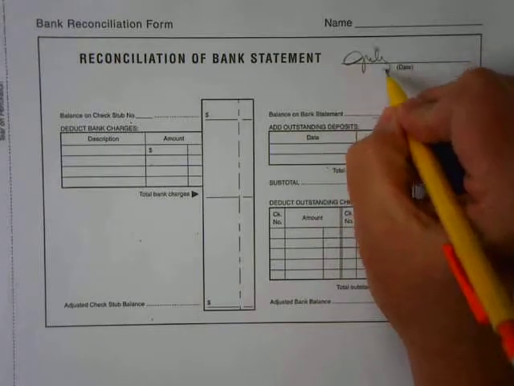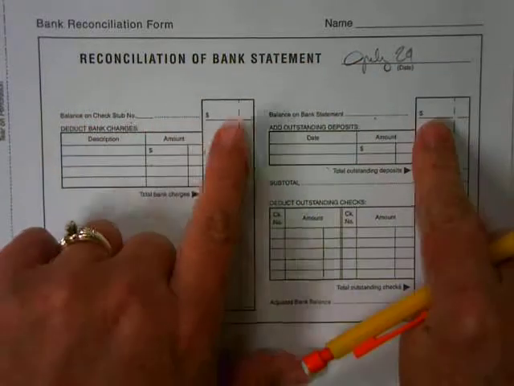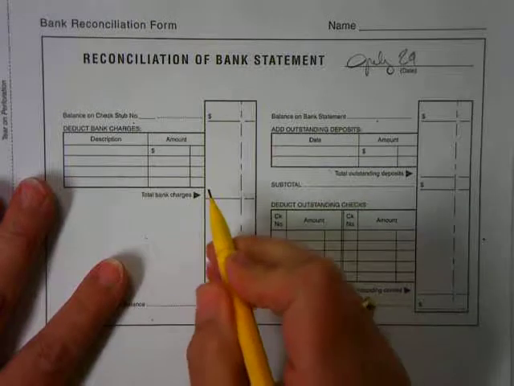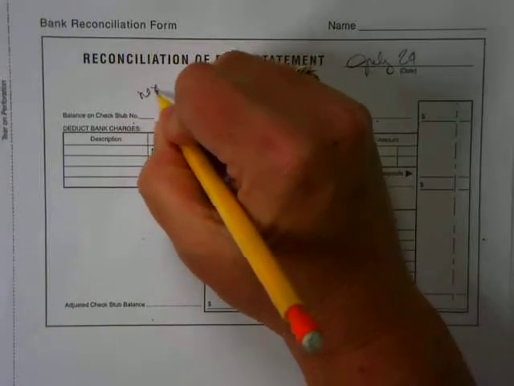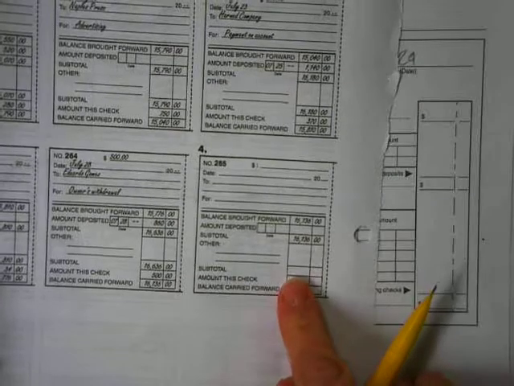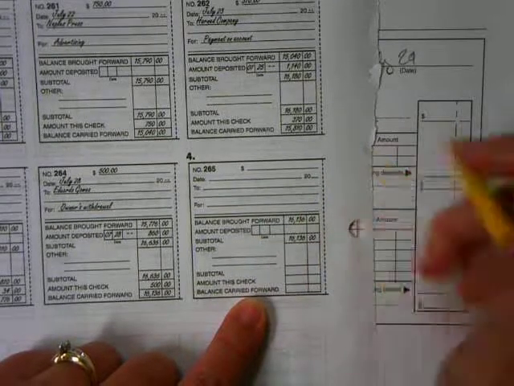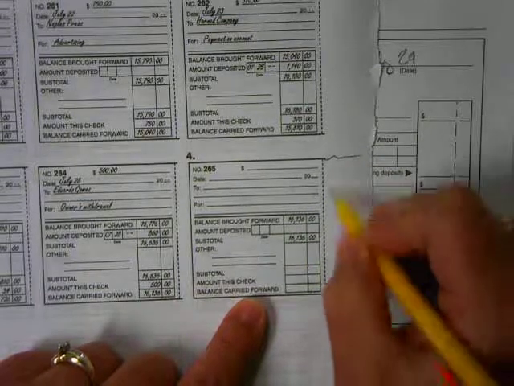We're doing this on July 29th. And we're just going to start with the two numbers at the top and then work our way down. So the balance on the check stub number. This is always going to be the next unused. Okay, and here's our next unused right here. This check hasn't been written. Actually, you would still see the check here attached in your actual checkbook.